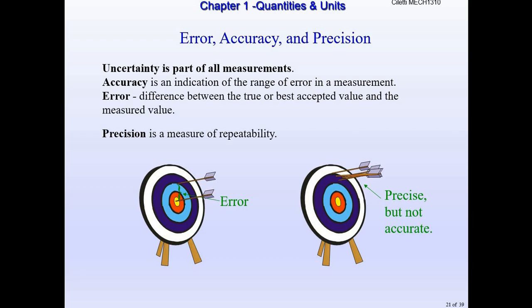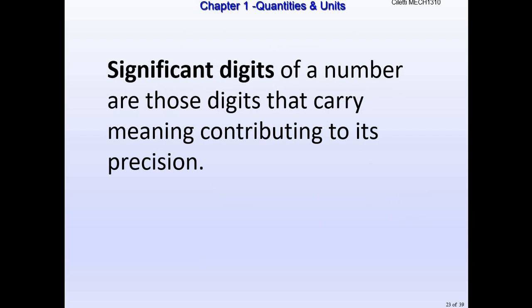We're not even close to the bullseye. Now, maybe you're playing darts and you're going for 20, you just got a boatload of points and you threw more darts than you were allowed to. But with precision, just be careful. It's a measure of repeatability. So you can be very precise but not accurate whatsoever. So just be careful when we talk about those things, okay?